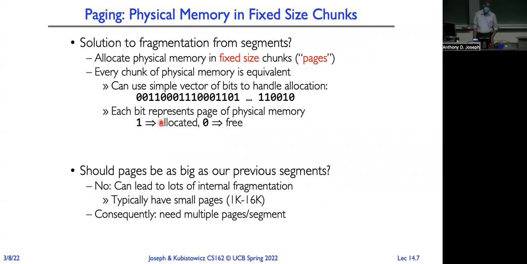So now if we think about it, to represent the sort of same information that we were storing in a segment, we potentially are going to need a lot of pages. Right? It's not going to be like, before we just had one segment, we had 8 segments, so we'll just have 8 pages to represent our program. We might have many, many more, hundreds more of pages than we had segments, or even more.